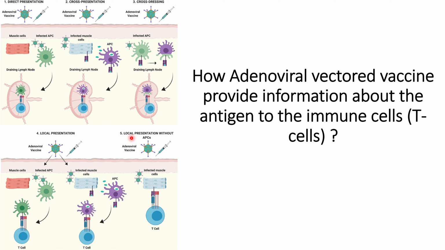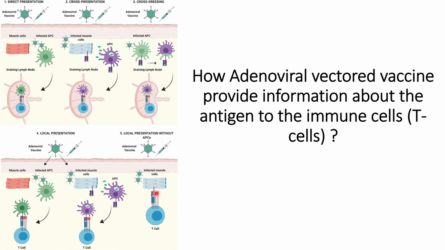The last one is this local presentation without antigen presenting cells. It is not exactly similar to any of the cases 100%, but this is more direct contact, or there is more chance of antigen formation against the virus in this case.